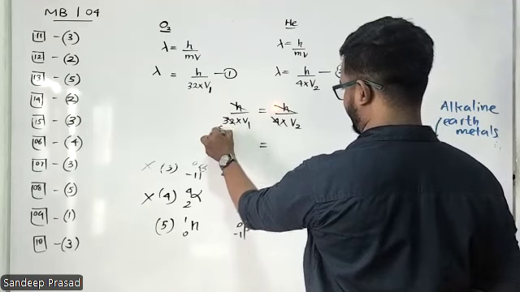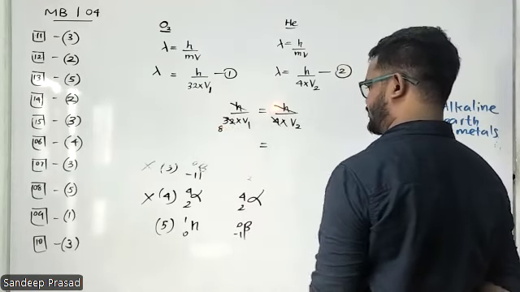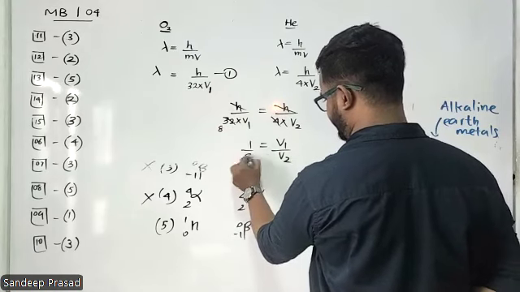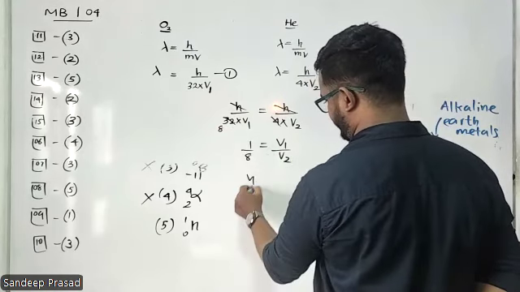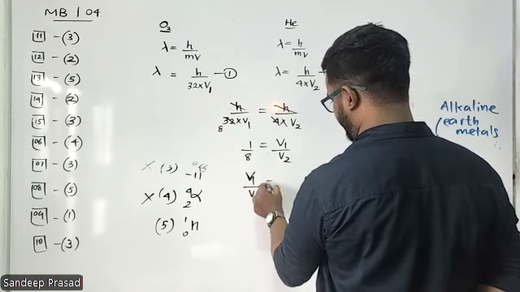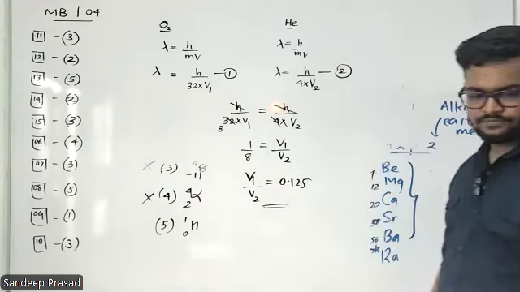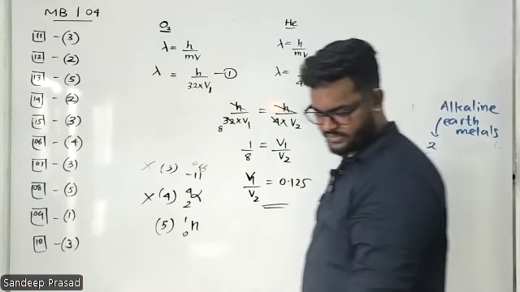Here 4 and here 8. Then we have to take the ratio between v1 and v2. v1 over v2 is equal to 1 over 8. That means v1 equals 0.125 of v2. That's all. Can you understand? It's very simple.